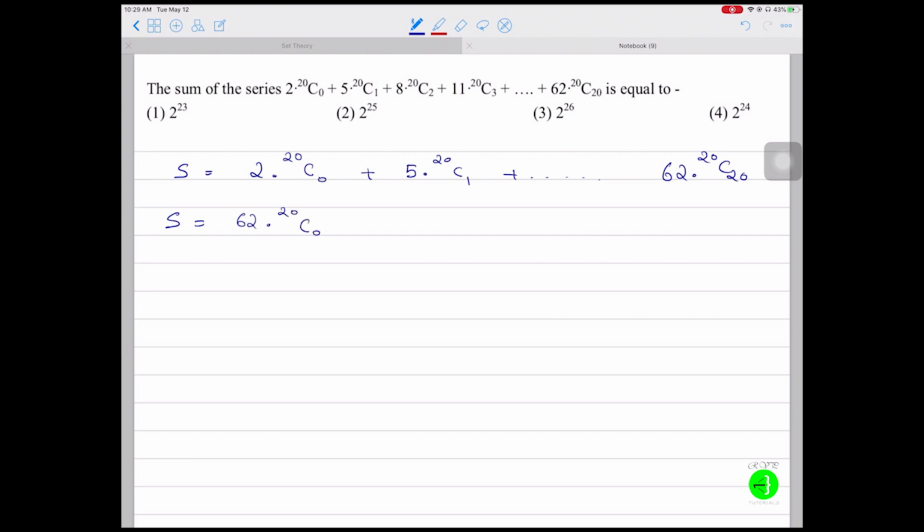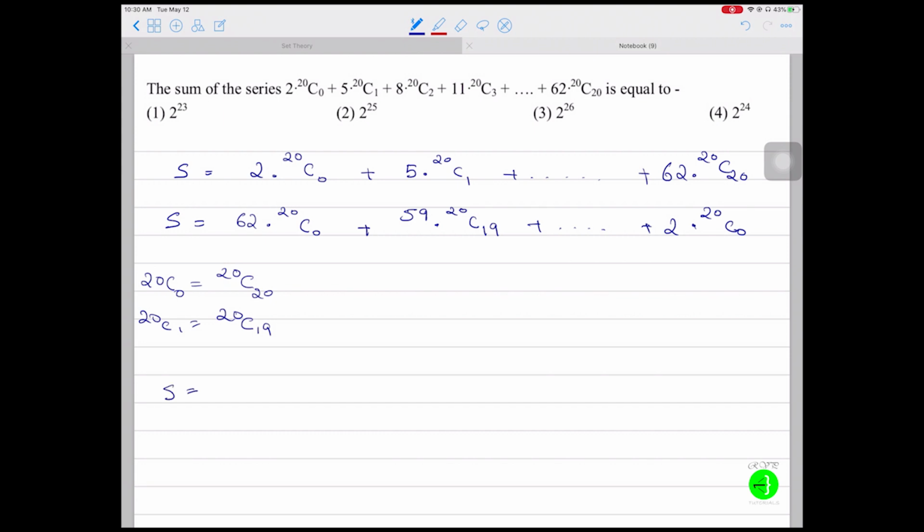So we do 62 times 20 choose 20 plus 59 times 20 choose 19, and so on, and we have 2 times 20 choose 0. Now we know that 20 choose 0 is equal to 20 choose 20, and 20 choose 1 is the same as 20 choose 19, and so on.